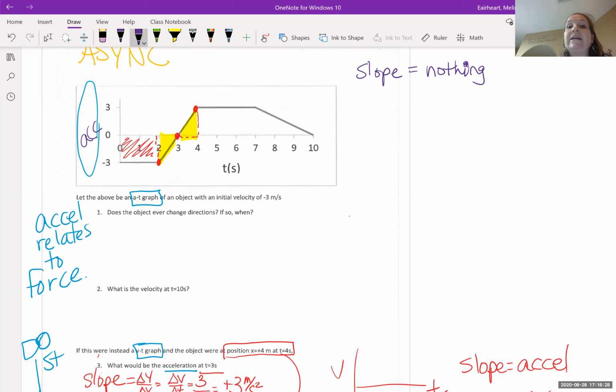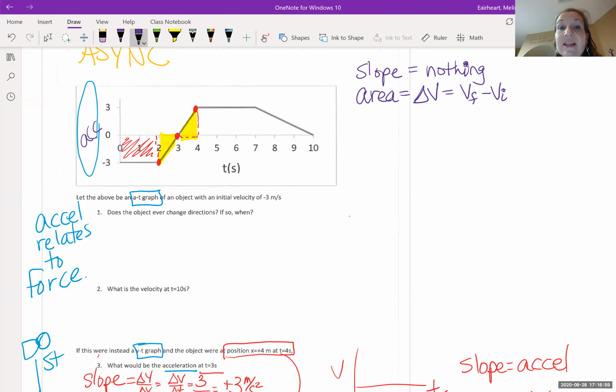But area is going to be our friend on an acceleration graph. So now area doesn't equal displacement because you have an acceleration times a time. An acceleration times a time, and be careful here, it's not equal to any velocity. It's not equal to average velocity. It's equal to a change in velocity, which you can break down like we did before, is equal to a final velocity minus initial.